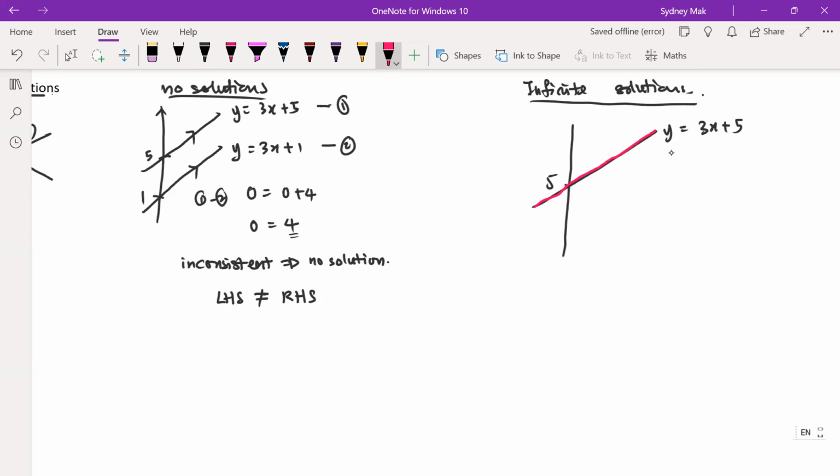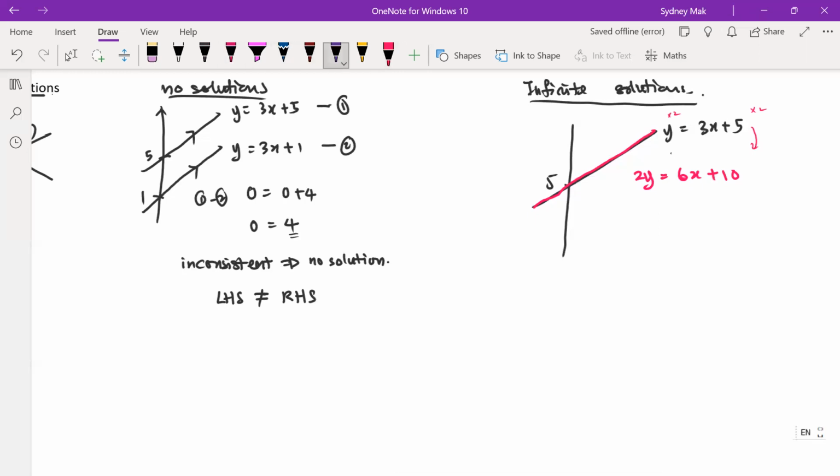All the points on the line are actually points of intersection. And for that second line, it can be 2y equals 6x plus 10. Do you see the difference? It is just an expansion. I multiply both sides by 2 on this equation, so I have 2y equals 6x plus 10.